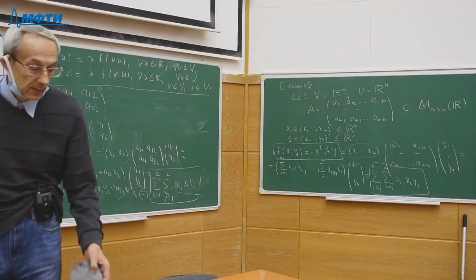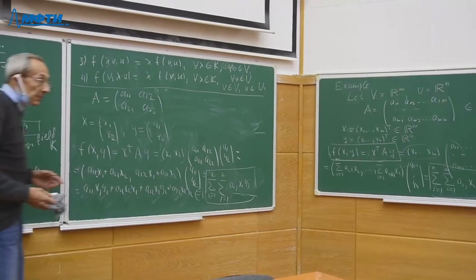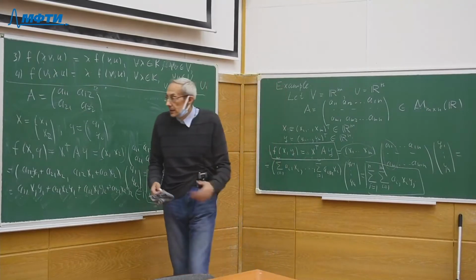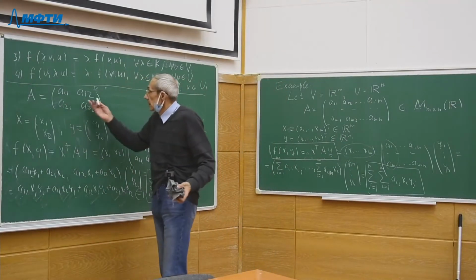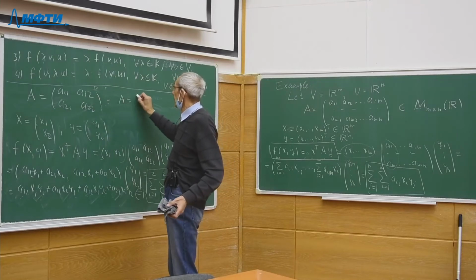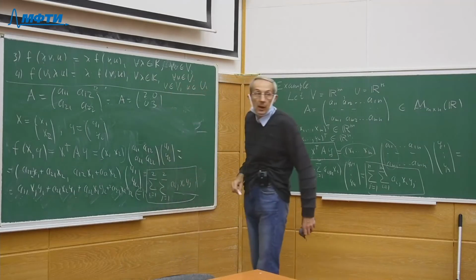Let's move on. We have a partial example, and we can write some formula. For example, if this matrix A has the following form: 2, 0, 0, 3.